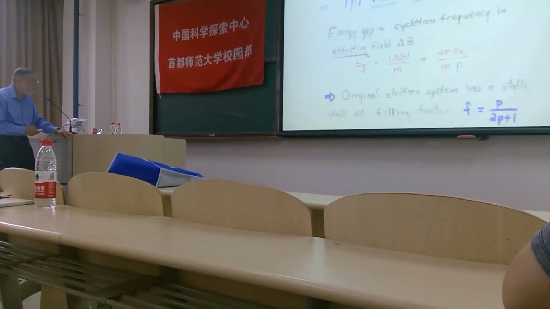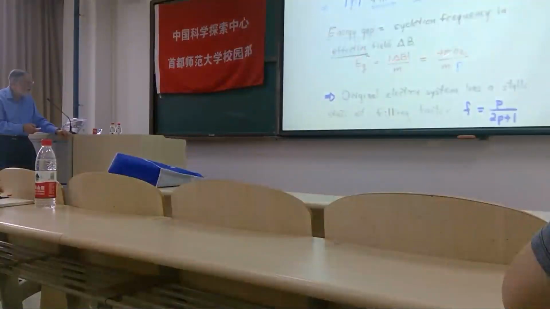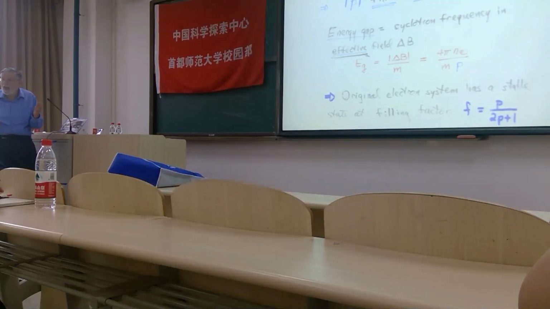But the true electron density is not P. The true electron density is given by this formula. F is equal to P over 2P plus 1, where P is an integer, so this is a fraction with odd denominator. So this at least is a hand-waved mean field explanation for how you can get fractional quantized Hall voltages.